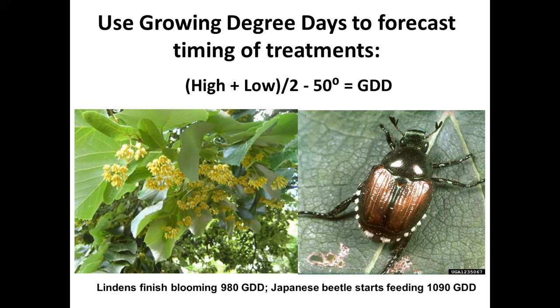So say by the time that number in late June is reaching 980 growing degree days, then I know that we're pretty soon going to hit the Japanese beetle emergence of the adults, and they'll start feeding on trees, especially lindens. So the degree day timing, I've been tracking the degree days in our Twin Cities metro area for going on 10 years.